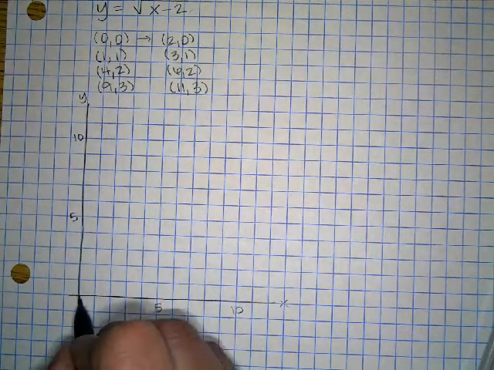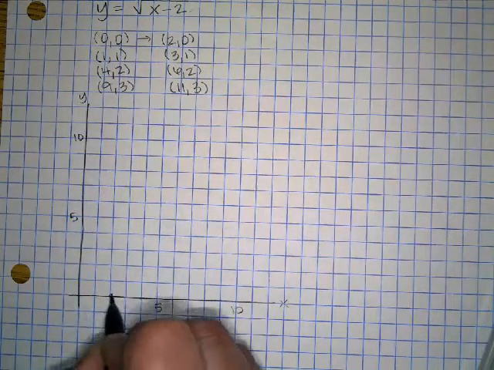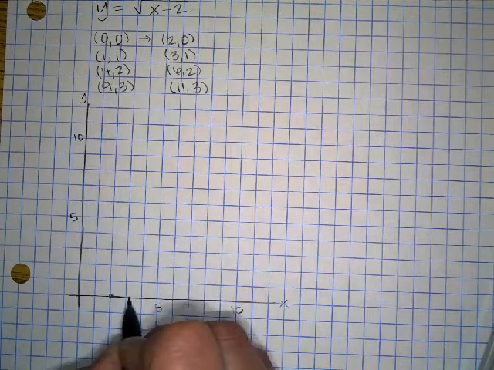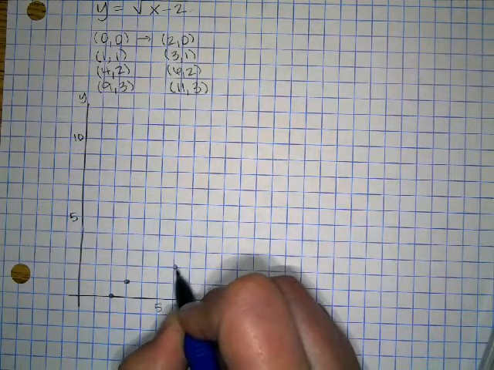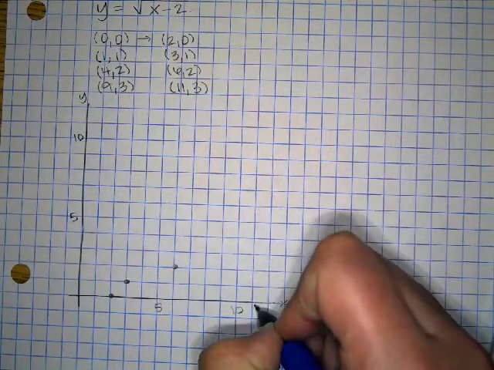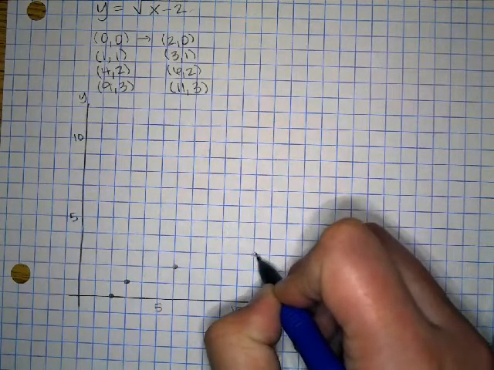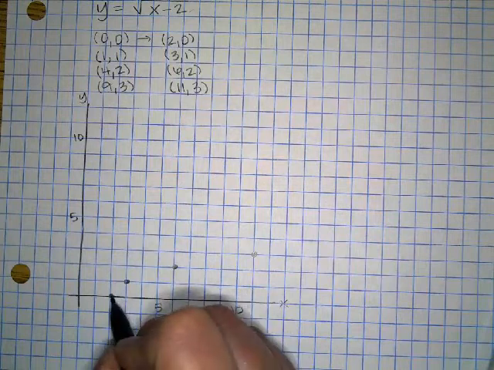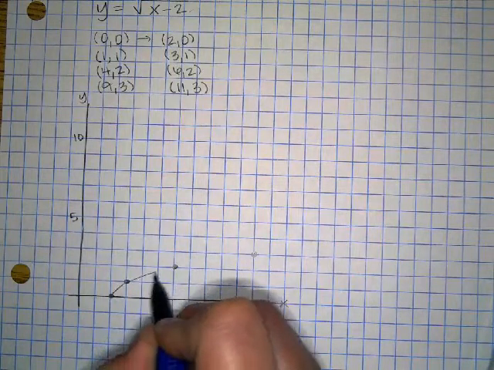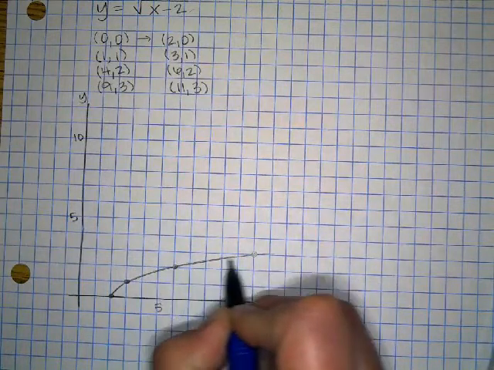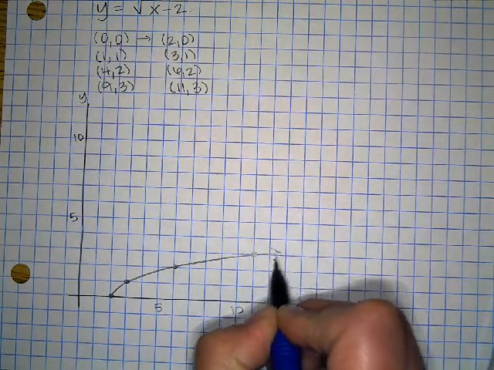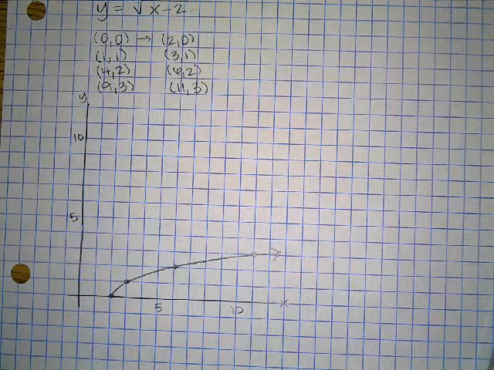So I've got 2, 0, 3, 1, 6, 2, 11, 3. There's my square root graph.